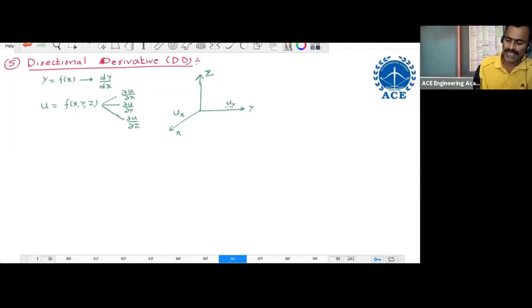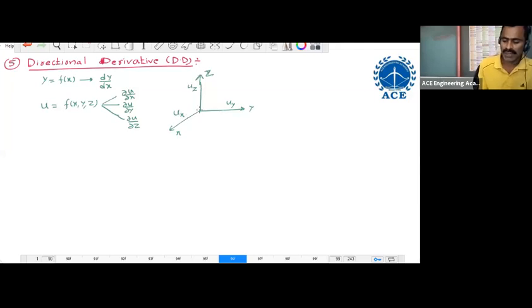While finding the change in u along the y direction, we keep the other two directions constant. That is why we are treating x and z as constant. Similarly, uz gives the rate of change of u along the z direction. While finding it, we keep the other two directions constant.